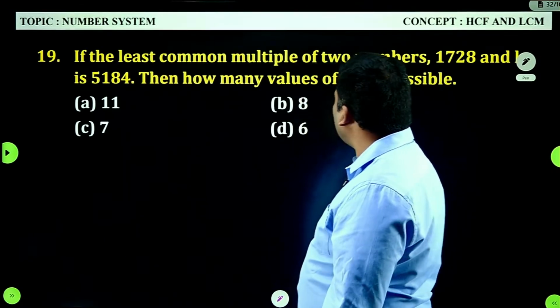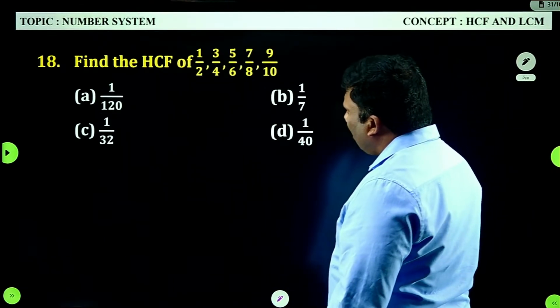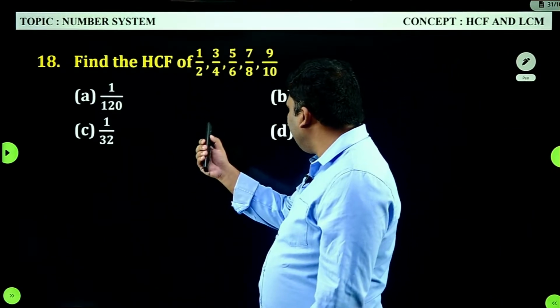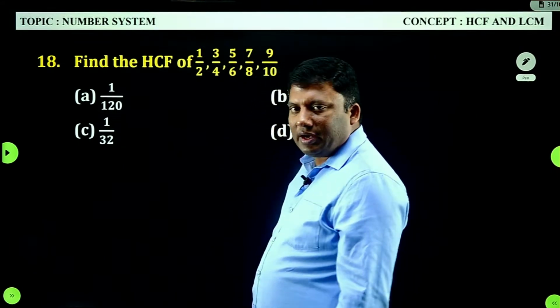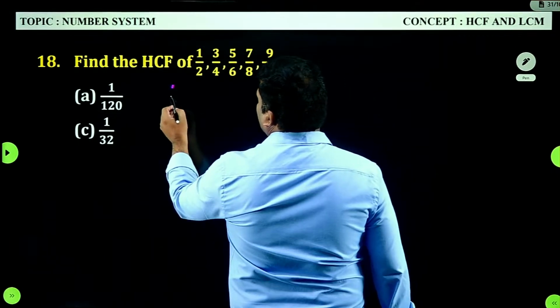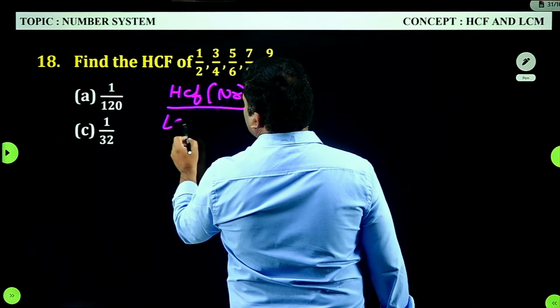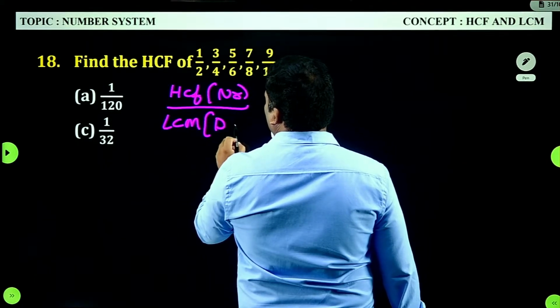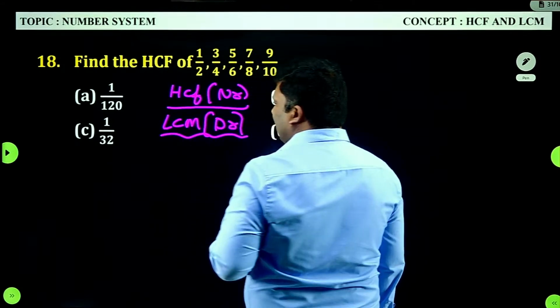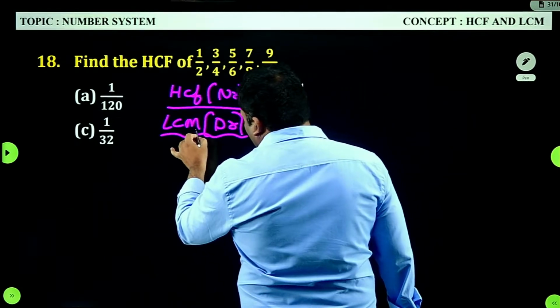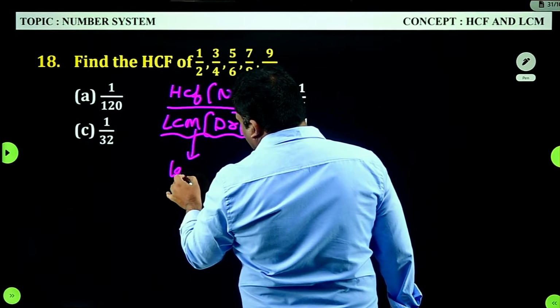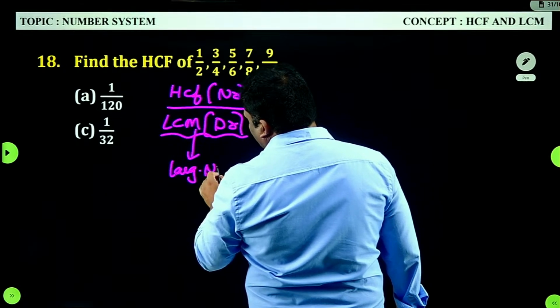In the first class, now see, a lot of questions. HCF of fractions is HCF of numerators by LCM of denominators. Whenever you are calculating LCM, the answer should be the largest number or its multiples.